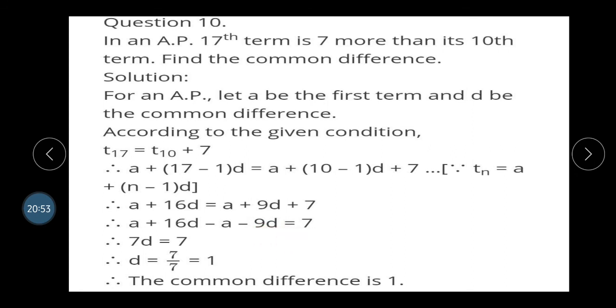We are taking the like terms. A and A will get cancelled because it is the same number with opposite sign. This A is plus, this A is minus. 16 minus 9D, we will get 7D equal to 7. D equal to 7 upon 7, that will give us 1. The common difference is 1.